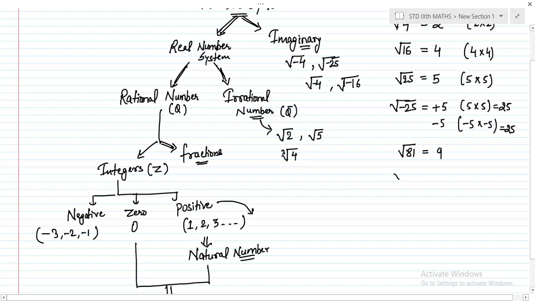We cannot say square root 4 is an irrational number. Why? Because square root 4 has a perfect result, that is 2, and 2 comes under a positive integer. So we can say 2 is a rational number also.